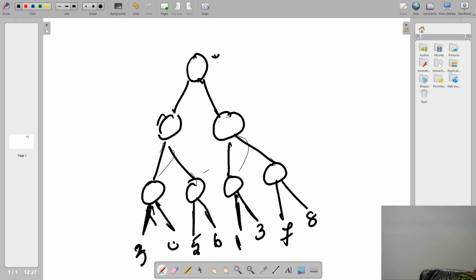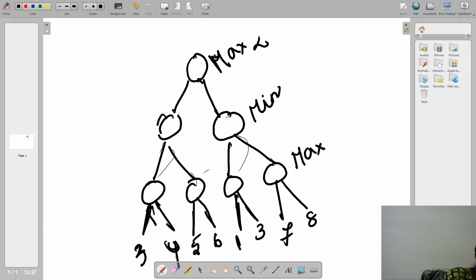Here this is the max because the first player is max, this is alpha, and the next player is min, the next player is max, right? Now first you are going for depth first search. So you are going towards this, and what is the terminal? 3. So max. So here I am writing 3, 4 is the max. 4 is the max.